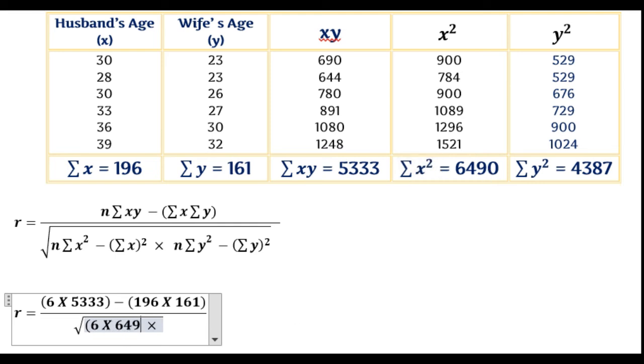I'll write that, 6490 into n into sigma y square. Again I have to write y here. I'll be writing down that n is 6. 6 into sigma y square, not sigma y whole square, which is 4387. I'll write down this here.